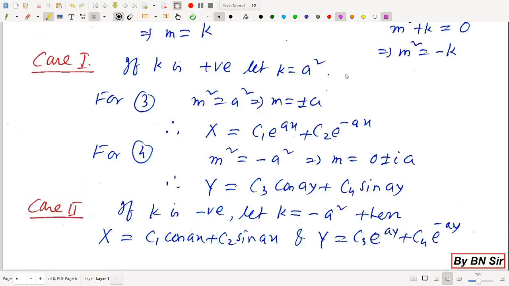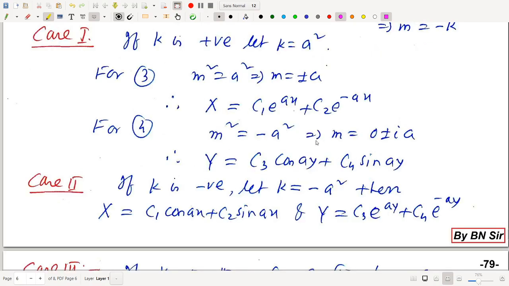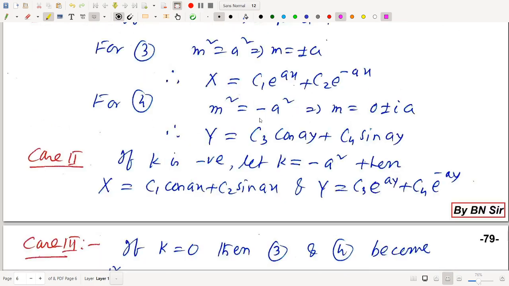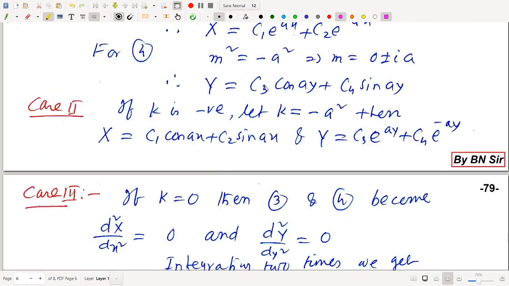And for 4, m square equal to minus s square, so m equal to plus minus is, complex roots, 0 plus minus is. So alpha is 0, beta is s here. So the solution of number 4, a second order linear ordinary differential equation, is Y equal to c3 cos sy plus c4 sin sy, because the independent variable here is y, and alpha is 0, so e to the power alpha y is not necessary here.